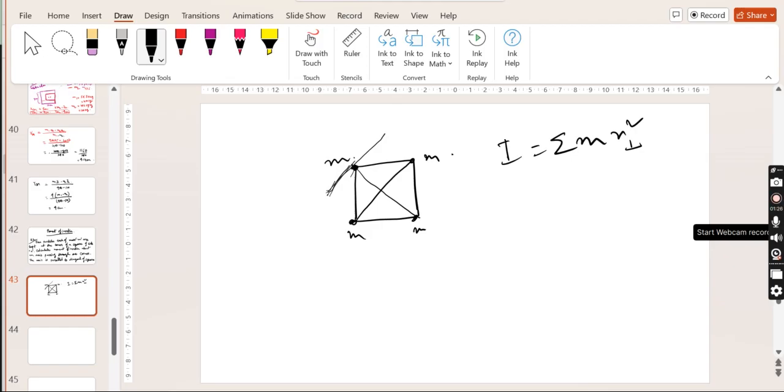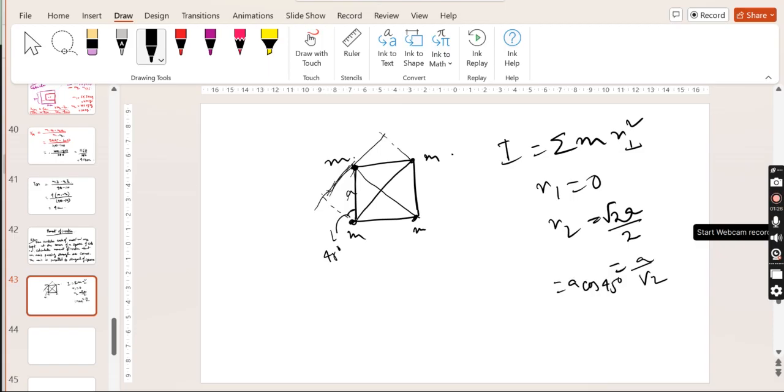So R1 is 0, R2 is half of a diagonal. We know the diagonal is A root 2, so half of it is A by root 2. Or we can say this is A, this is A, this is 45 degrees, so A cos 45 degrees is also A by root 2. And R3 is the whole diagonal, that is A root 2.